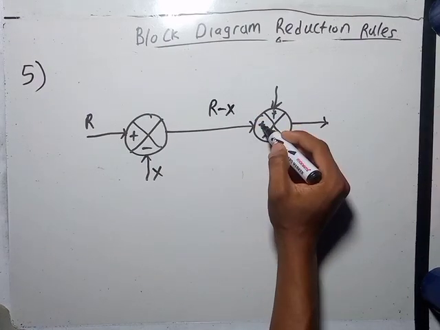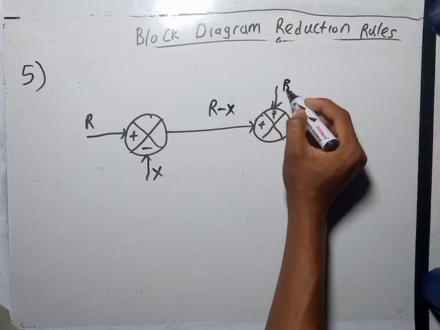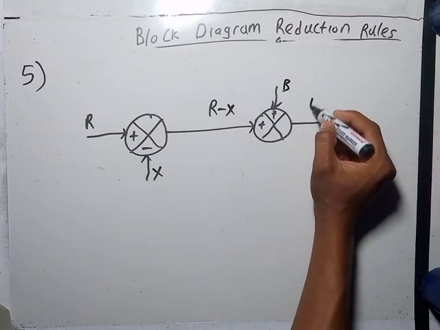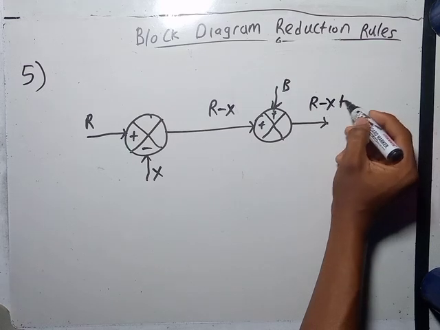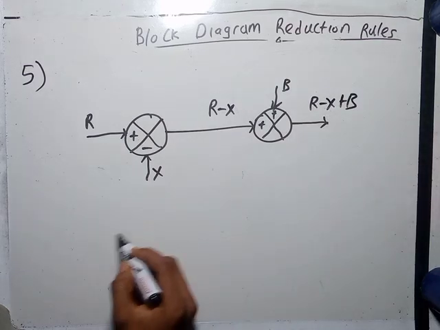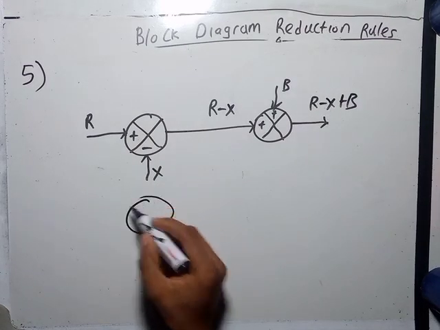X. Now let's call here B. When this adds, you have what? R minus X plus what? B. If you interchange, then you have this.